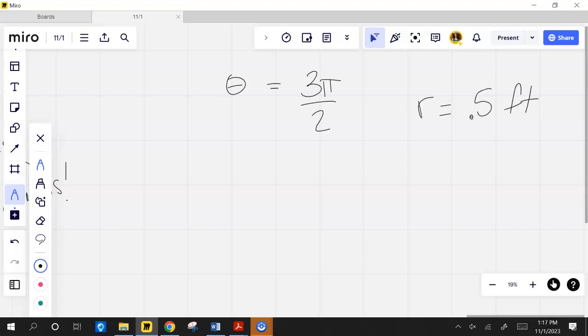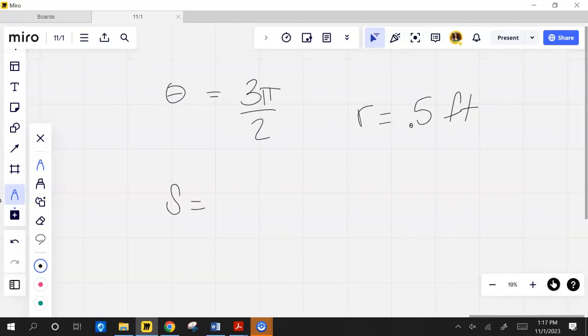Don't make this harder than what it is, okay? Look, it's r times theta, or theta times r.